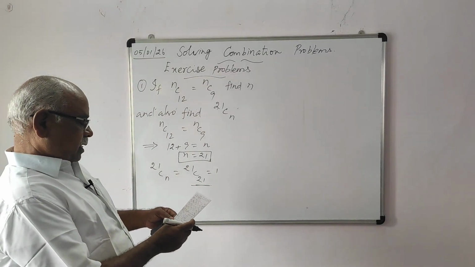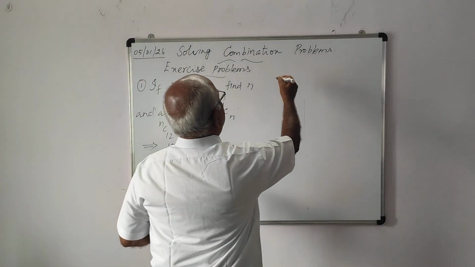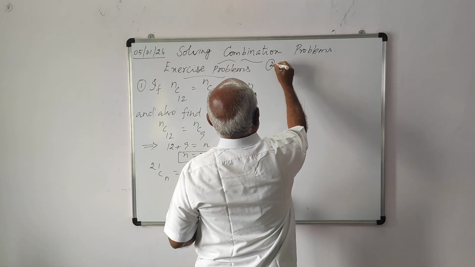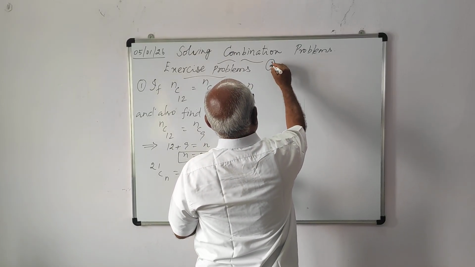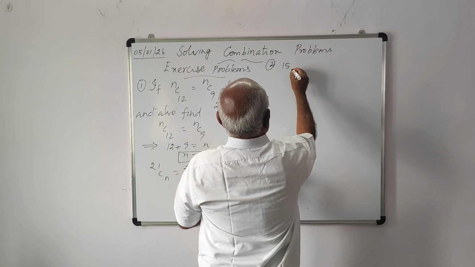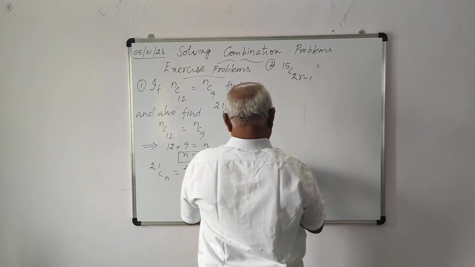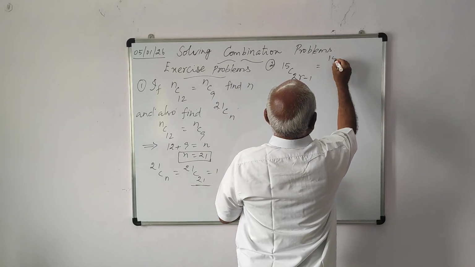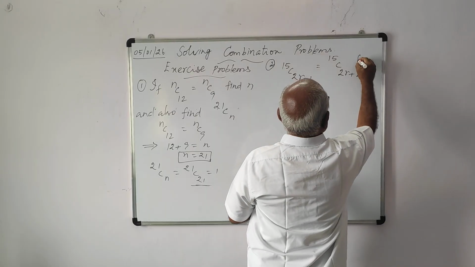Next, second problem. 15C(2r minus 1) equal to 15C(2r plus 4). Find r.